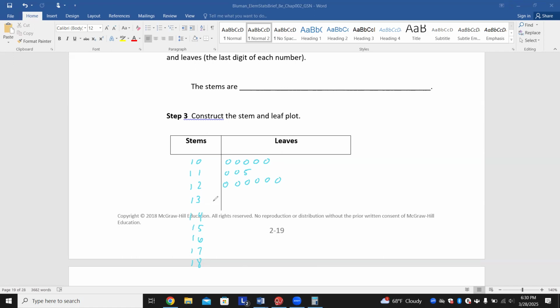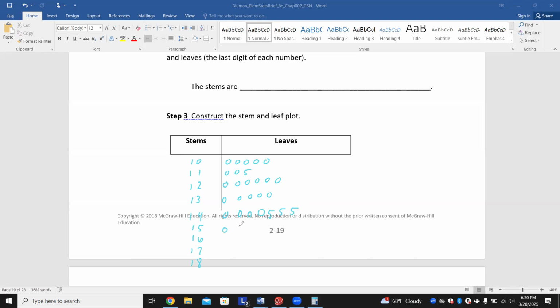130s, I had 1, 2, 3, 4, 5 of them. So that would be 1, 2, 3, 4, 5. 140, I had 1, 2, 3, 4 of them. So that'd be 1, 2, 3, 4. But then I also had 3 145s. So that'd be 1, 2, 3. I had 1, 2 150s.